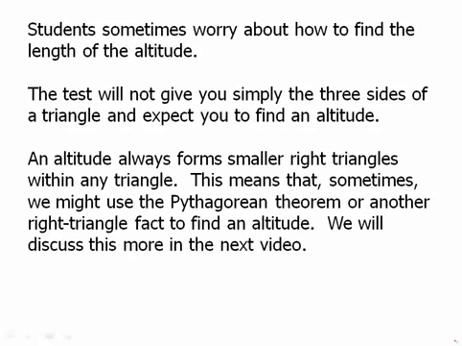An altitude always forms smaller right triangles within any triangle. That means sometimes we might use the Pythagorean theorem or another right triangle fact to find the altitude. We will discuss this more in the next video. So yes, there are ways using the Pythagorean theorem, but there's not a way just with a general triangle that you could automatically compute the altitude.